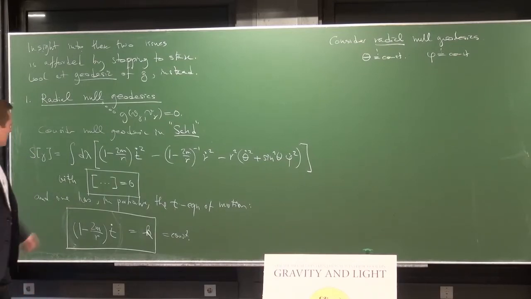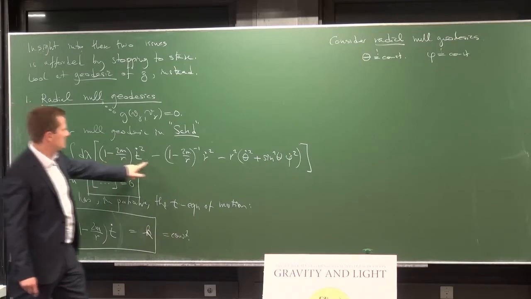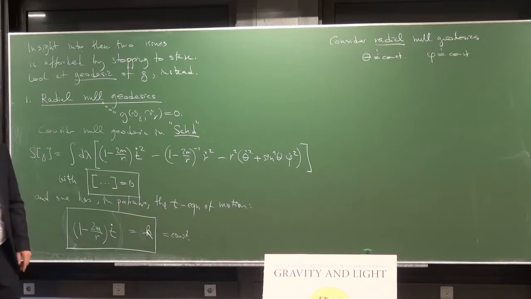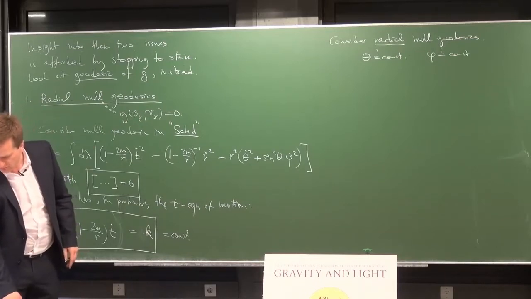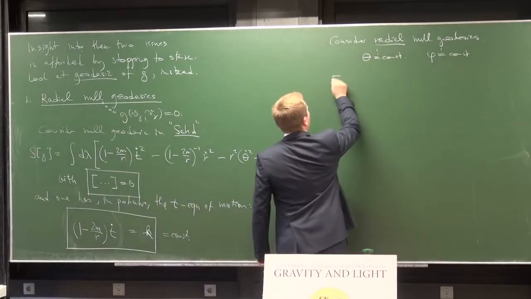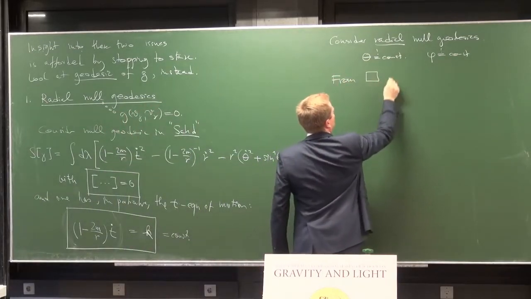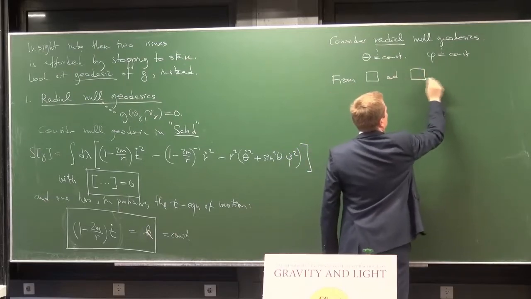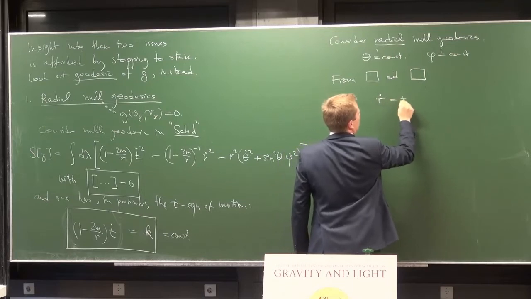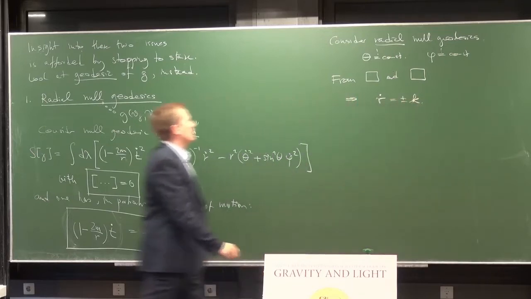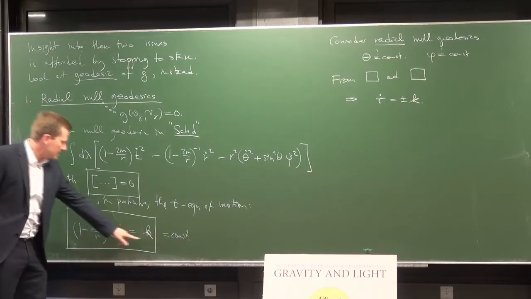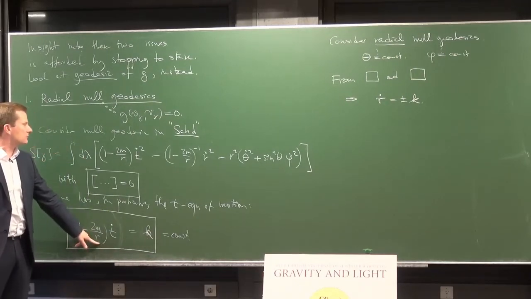Now, if I have this null condition, which means that the square bracket is 0, and I use the equation of motion here, I can obtain from the first box and the second box that it actually follows that r dot is plus or minus k. How do you see this? Well, you solve this one for t dot, that's k divided by the round bracket.